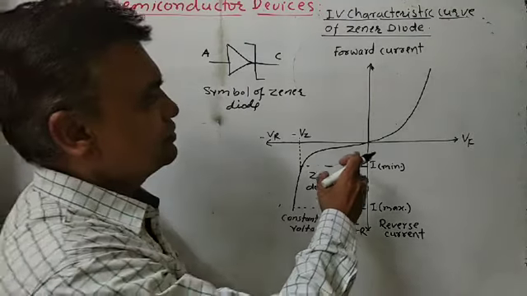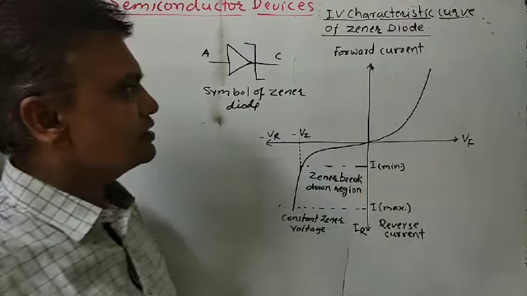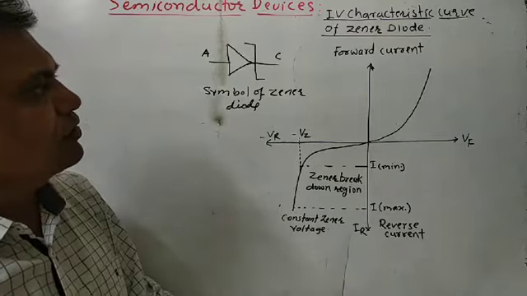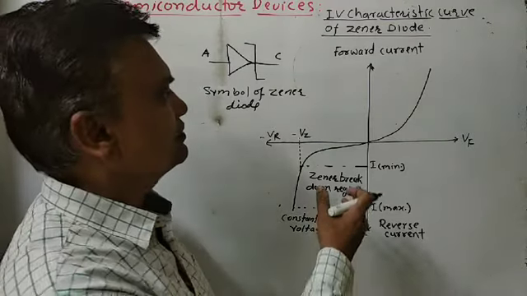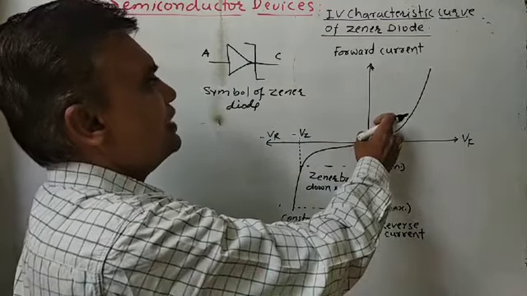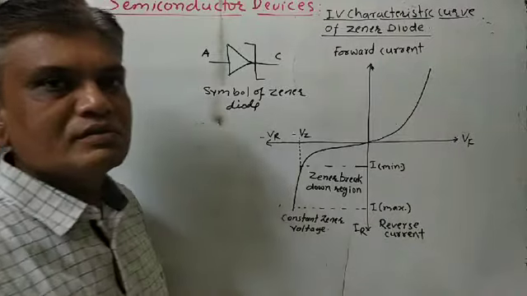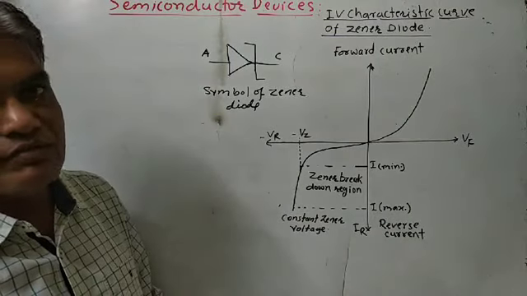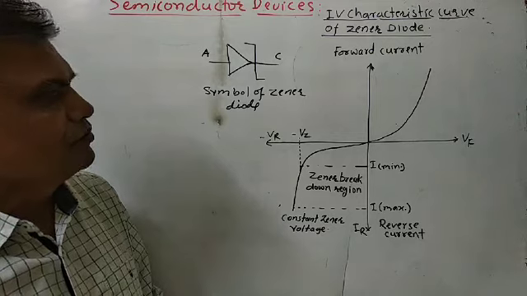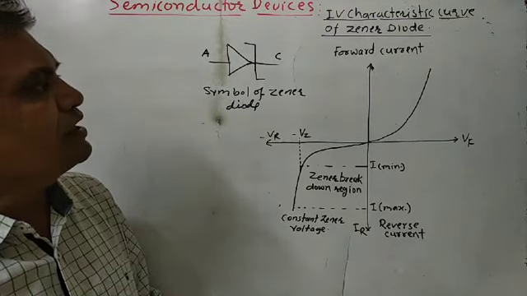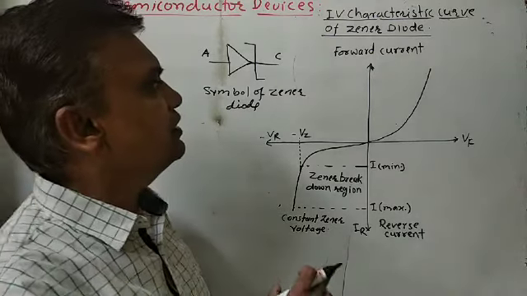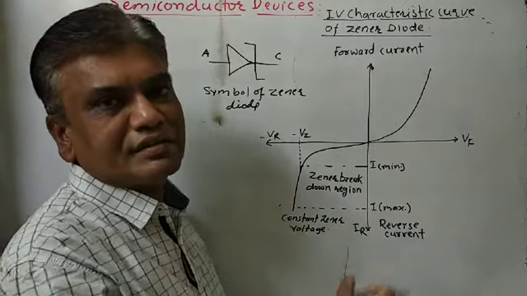The Zener diode is a PN junction diode. In forward bias condition, it acts as a normal PN junction diode. Means Zener behaves like a normal diode when it is in forward bias condition.